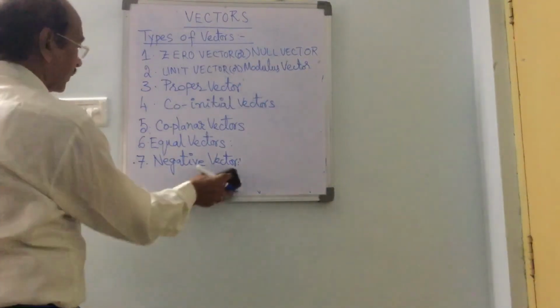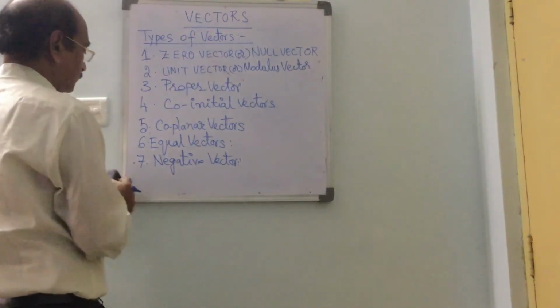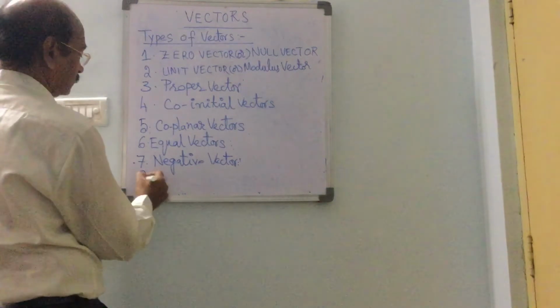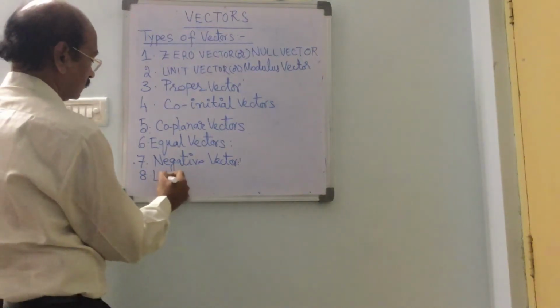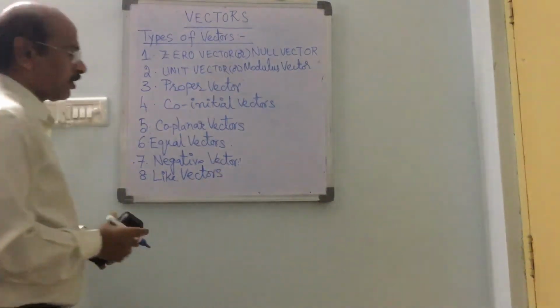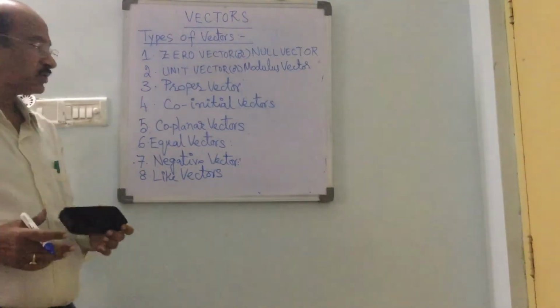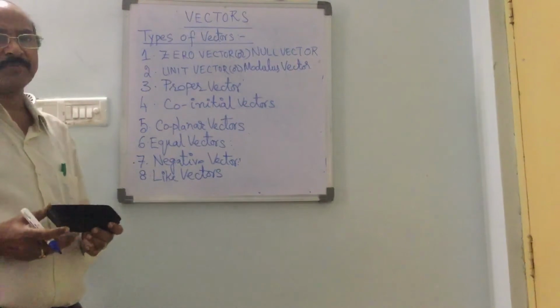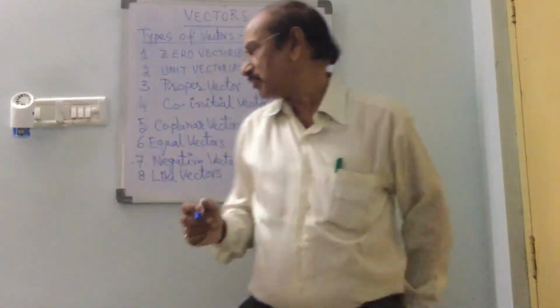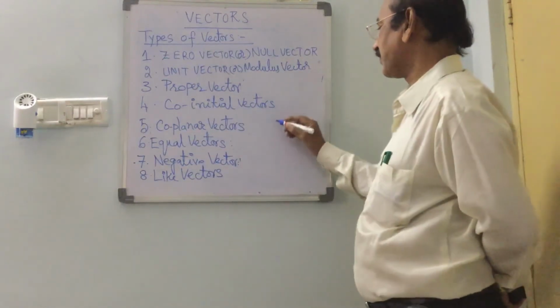Next, like vectors. Vectors which are lying in the same plane and which have same direction are known as like vectors.